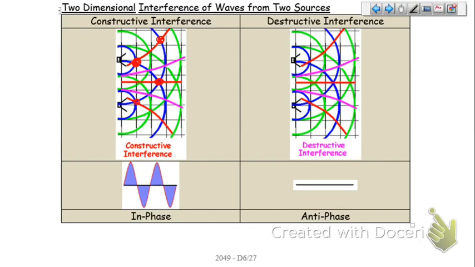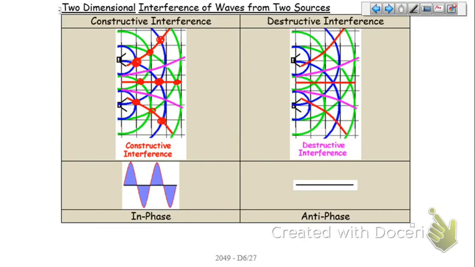And if I have the trough with the trough, giving me a really deep trough, that's constructive interference too. So you can see actually there's this channel of constructive interference that goes out from these things.